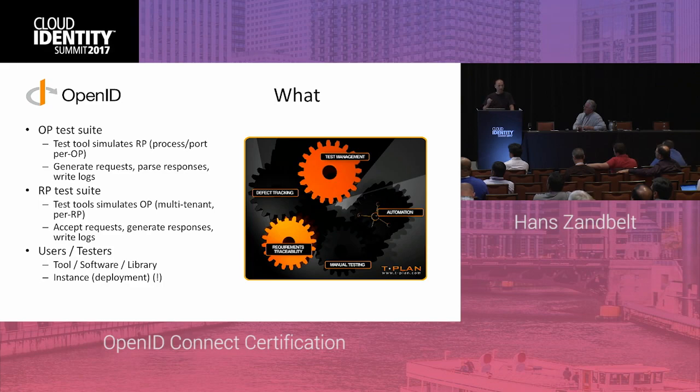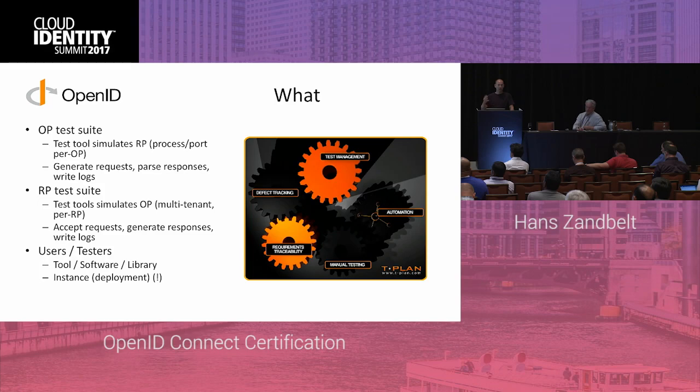Now, the users or the testers themselves, typically the audience is developers, right? If you have a library that you're developing, or you have an OpenID Connect provider or relying party that you're developing, you can test against this to make sure that it at least conforms to some basic standards. But also, you could be deploying an OpenID Connect provider or relying party, and in that case, you probably want to configure it in a certain way.